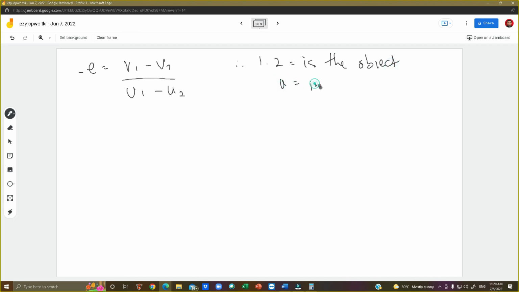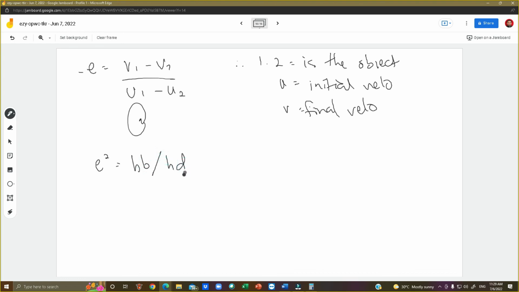U is initial value. V is final value. Okay, lagi satu equation dia, we can write this one as E square equals to HB divide HD, ataupun E equals to square root of HB divide HD. Ni lah. Okay.